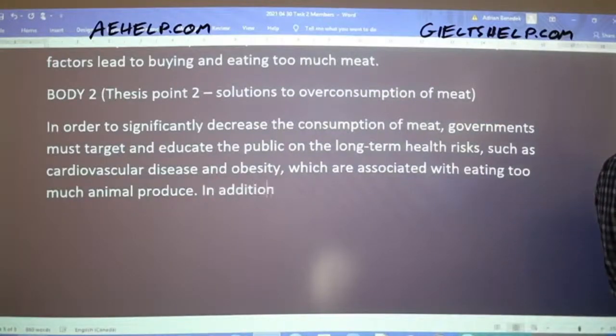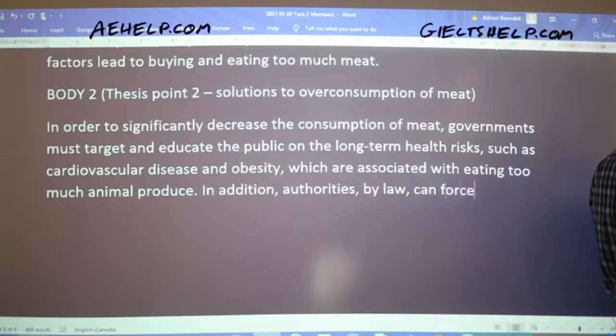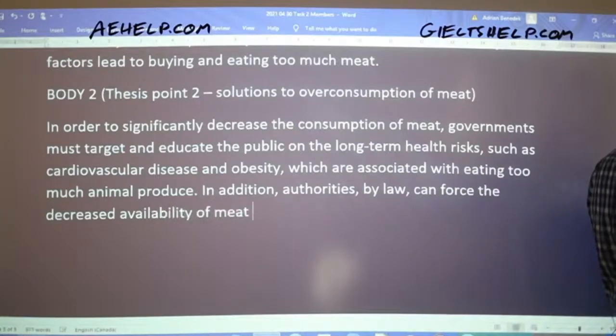So in addition, authorities by law can force the decreased availability of meat for citizens. Yeah, all right.